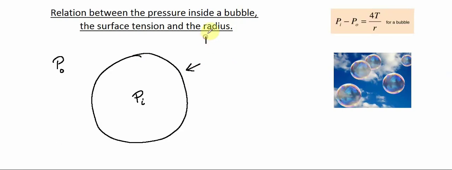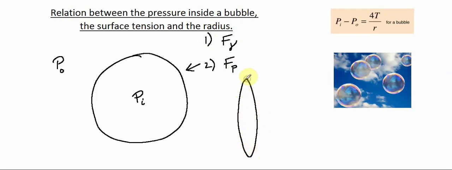Number one is the force due to surface tension, gamma, and second, the force due to the pressure. And for equilibrium these two are equal. What I mean is, if you cut the bubble into two halves, this is one half.